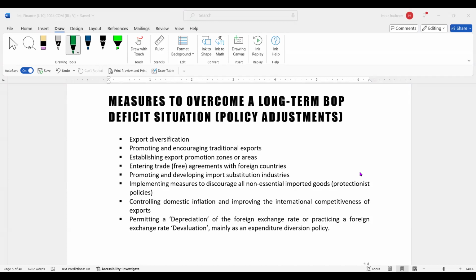Difficulties are there. So we have to do many BOP adjustments themselves, not financing. BOP reforms, adjustments we have to do. So what are these BOP adjustments that we have to do? The first one I have given as the first one because it is one of the main things we have to do. What is that?